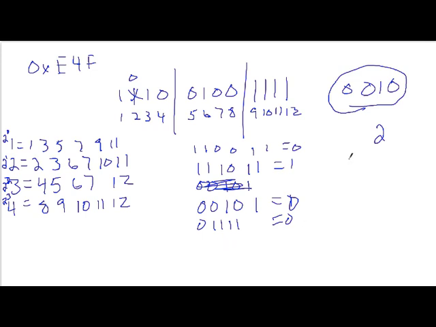And so since that was an error, our original code before error was 1, 0, 1, 0, 0, 1, 0, 0, 1, 1, 1, 1, which is F hasn't changed, 4 hasn't changed, and now we have 1, 0, 1, 0, which is what? Well, that is 10, which is A, right? So A4F.